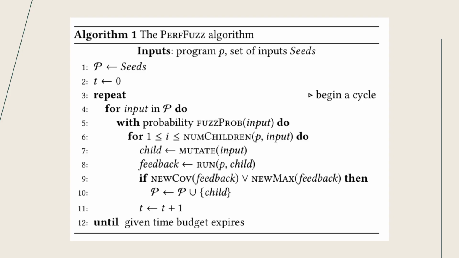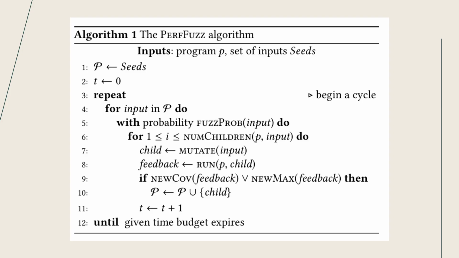Then it'll select a parent input and generate the mutated children from that input. Then it'll track the execution counts of those children and save the inputs that maximize execution of some CFG edge. Those will then become the new parent. So this is all repeated until a time limit.